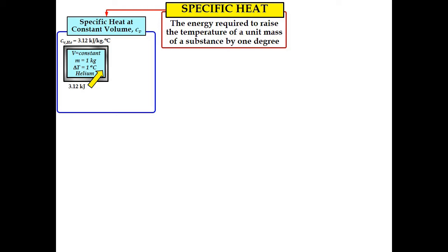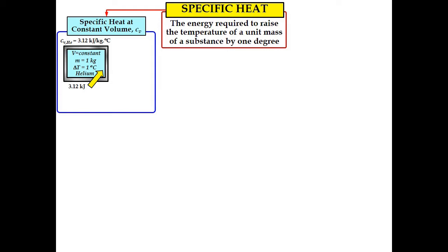Inside the rigid tank we have helium gas, where for this condition V will be constant. Let's say mass equals 1 kilogram, and we want to increase the temperature by delta T equal to 1 degree. For this helium, in order to increase 1 degree Celsius, we need to supply 3.12 kilojoule of energy.